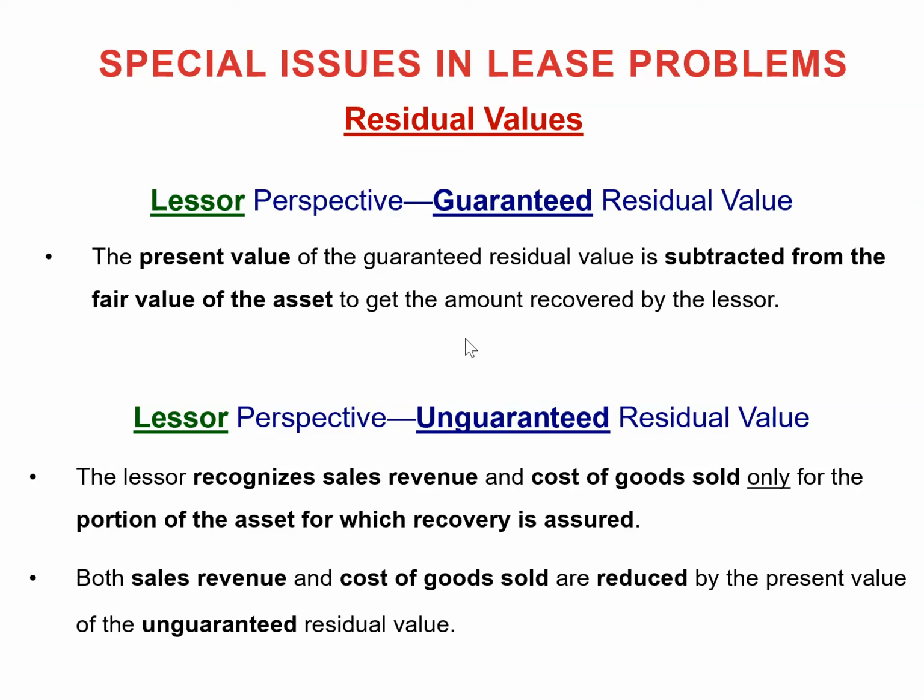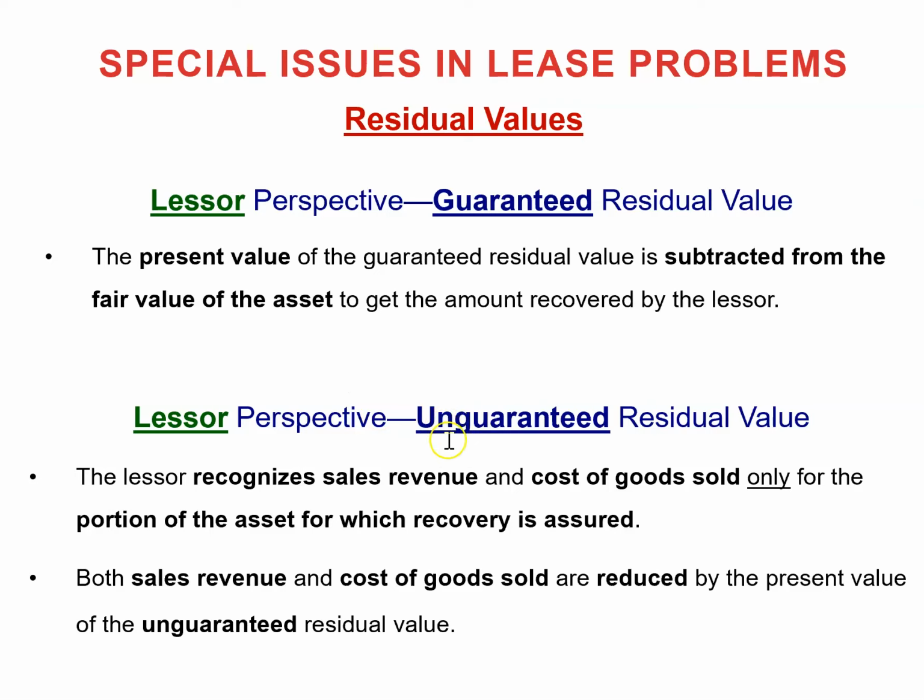That amount you can also call the annual rental payment or installment. So the lessor excludes the present value of the guaranteed residual value when they calculate the installment or the payment by which they will recover the amount.